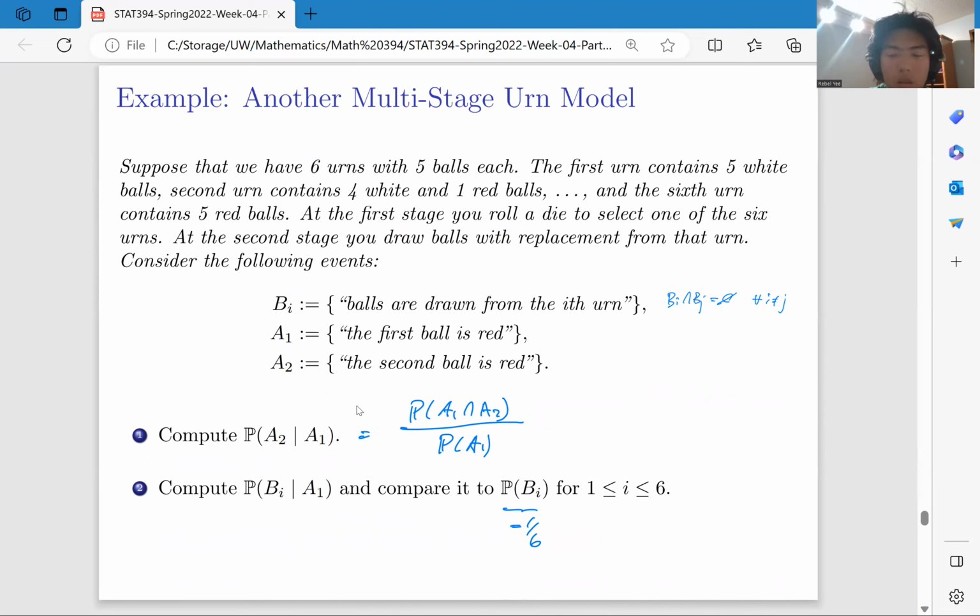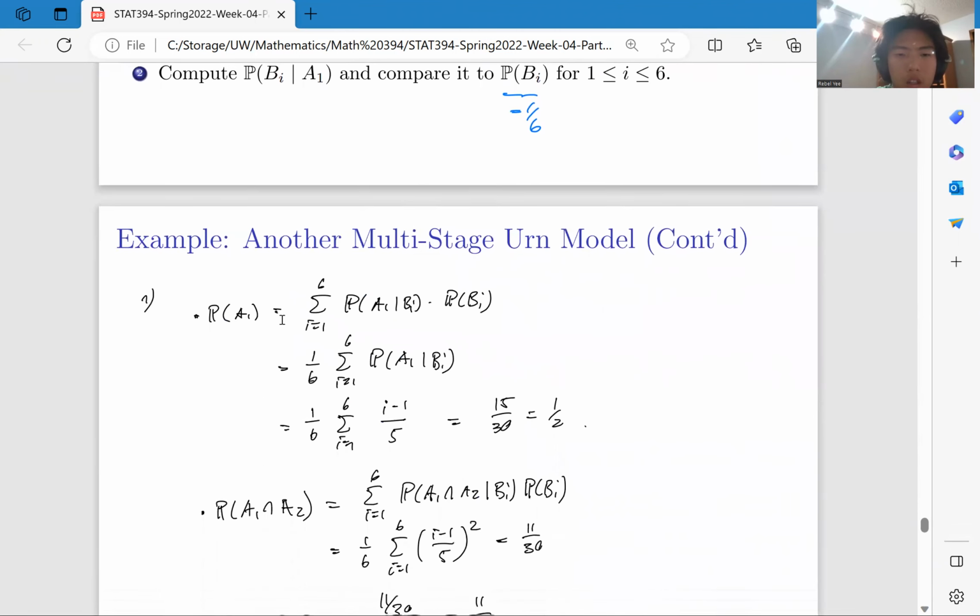The probability of A1 is difficult because each of the different urns has a different number of red balls. So A1 is also a conditional probability, conditioned on B_i. So we calculate the sum of P(A1 given B_i) times P(B_i). This is the law of total probability.